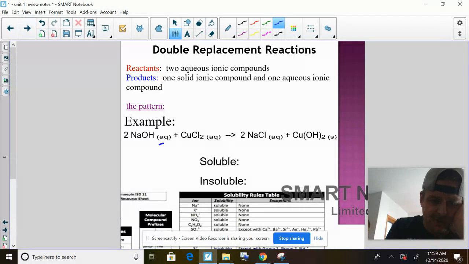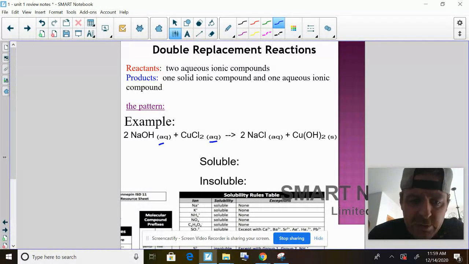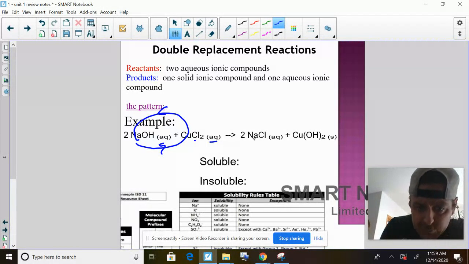Double replacement, as you can imagine, is two solutions, aqueous. Basically, the positives switch. So sodium gets paired up with chlorine over here, and copper gets paired up with hydroxide over here.